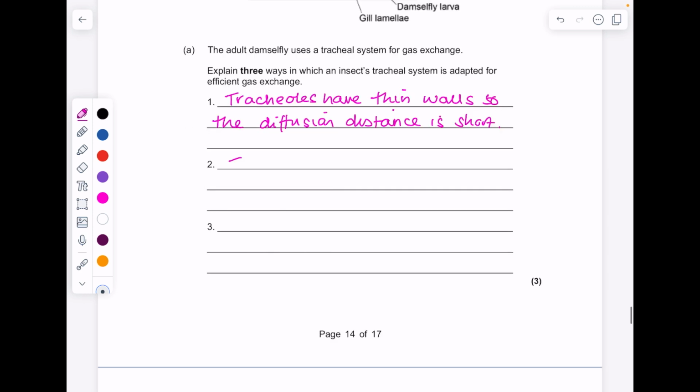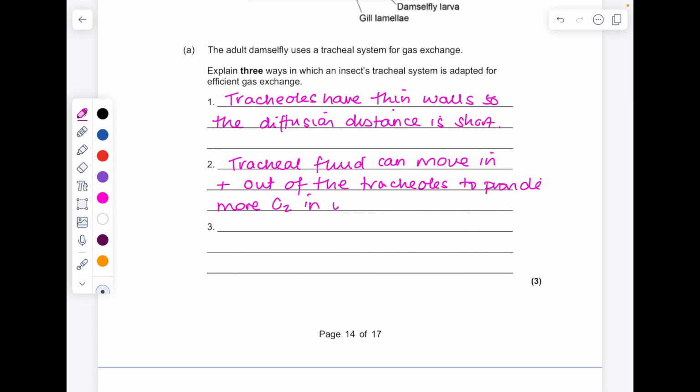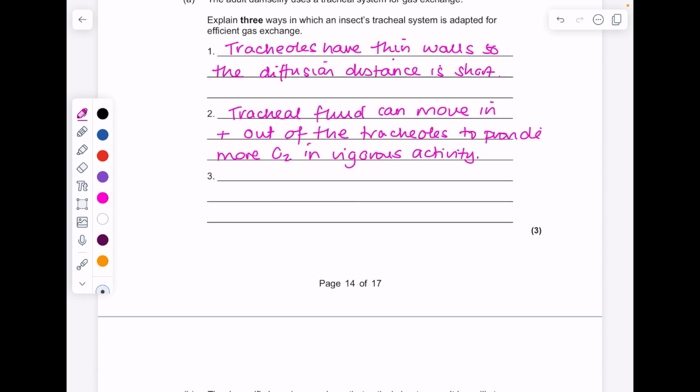Let's say that the tracheal fluid can move in and out of the tracheoles to provide more oxygen in vigorous activity. Tracheoles are highly branched to provide a large surface area to volume ratio for gas exchange.